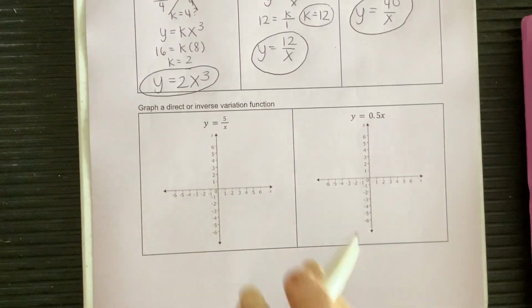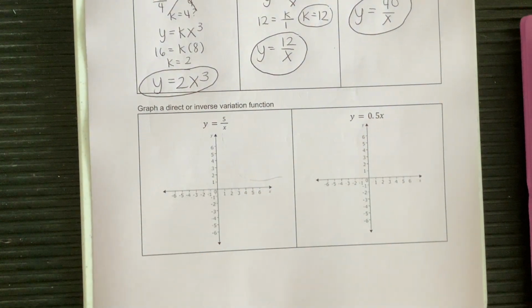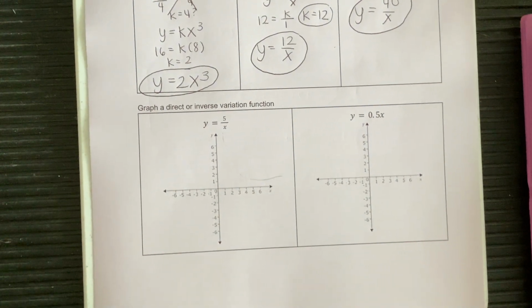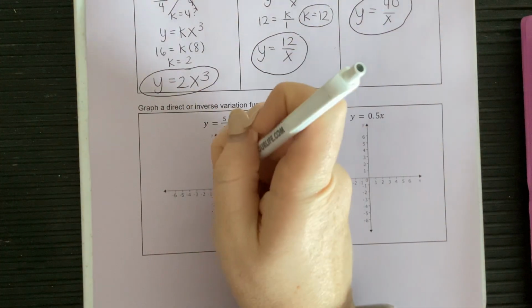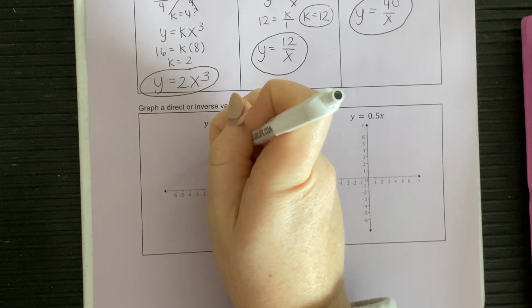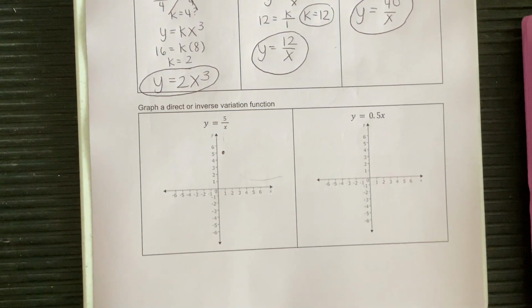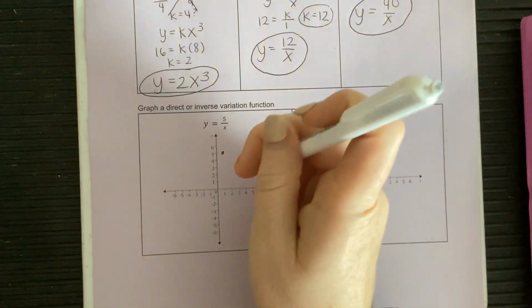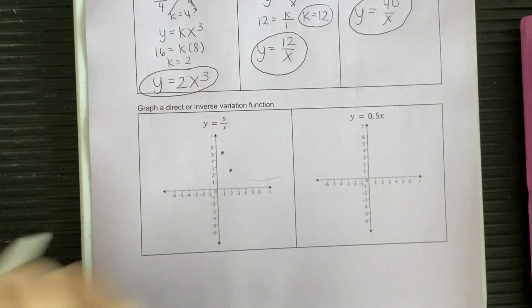All right, next thing is graphing. If you're going to graph an inverse variation, it's going to have that kind of curve to it. You just want to plug in a couple values so you can start to see what it looks like. If I plug in 1, 5 divided by 1 is 5, so the point 1 comma 5 is on there. If I plug in 2, 5 divided by 2 is 2.5, so you have the point 2 comma 2.5, right there-ish.